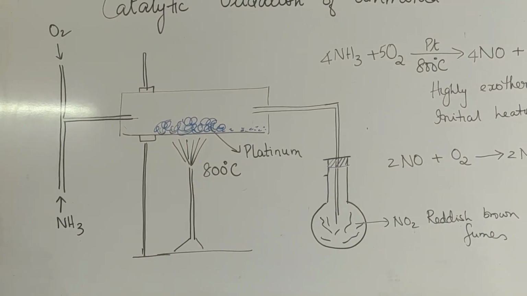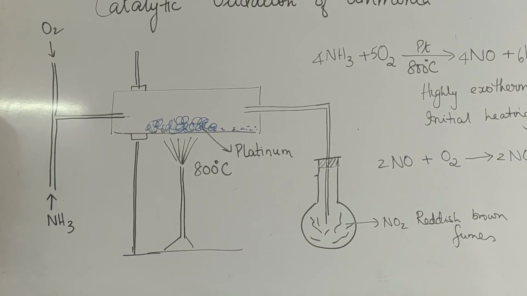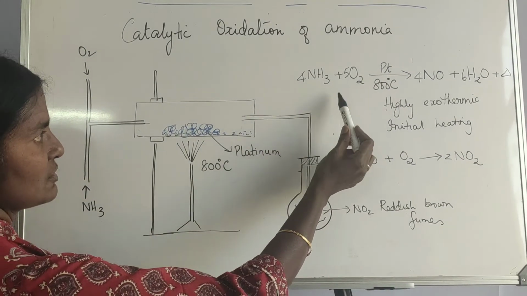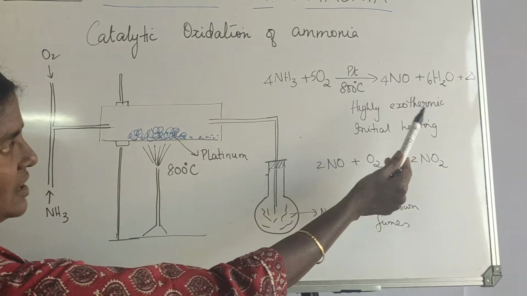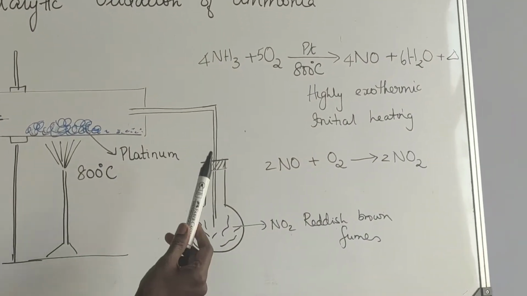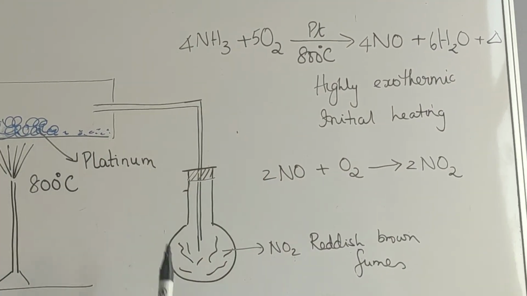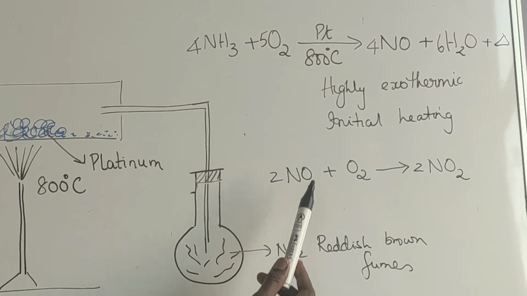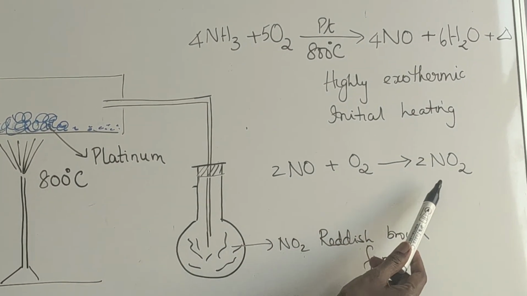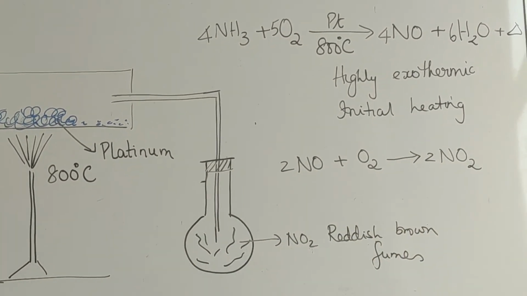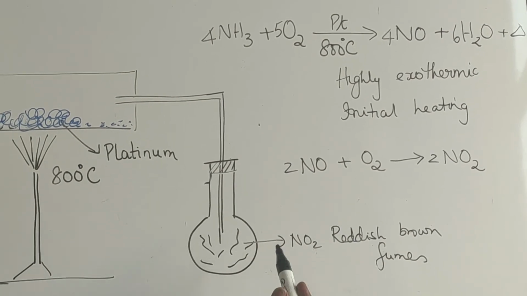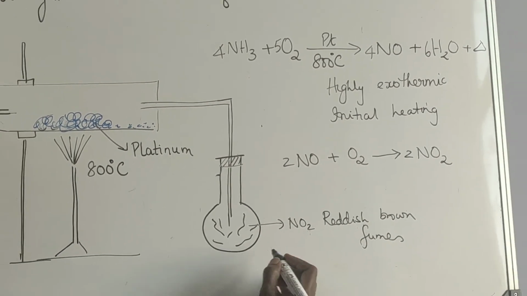So there are two reactions that we need to remember. The first forms nitric oxide and water vapor, highly exothermic and catalyzed. The second continues to form reddish brown nitrogen dioxide. Two equations and two observations.